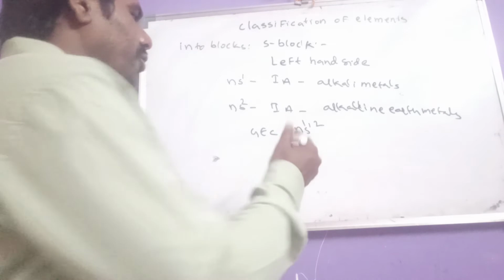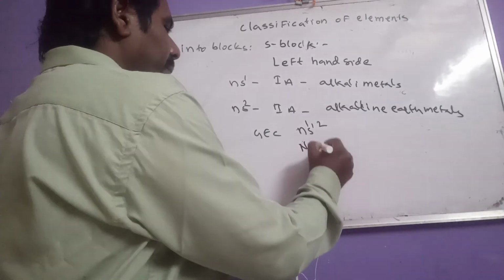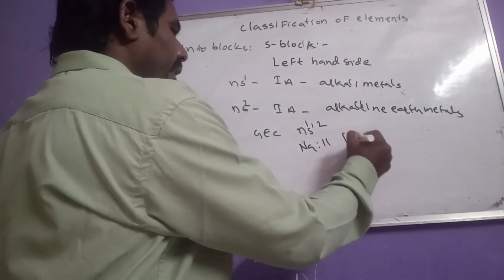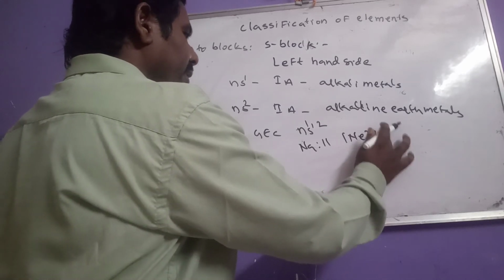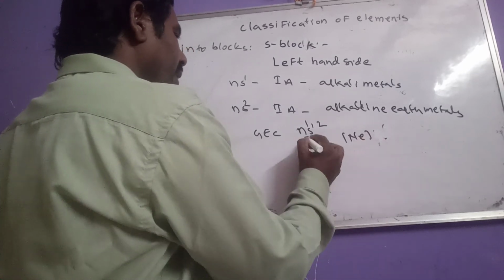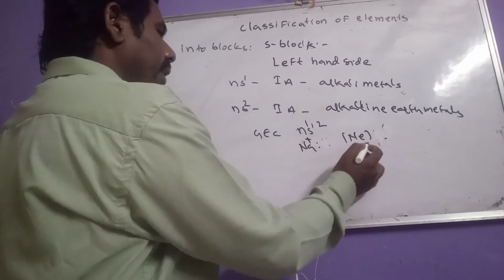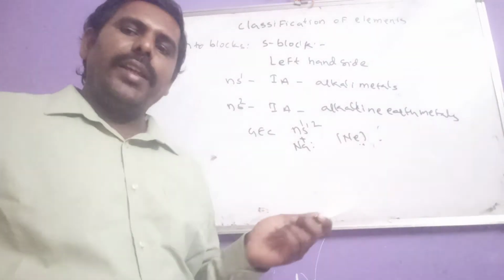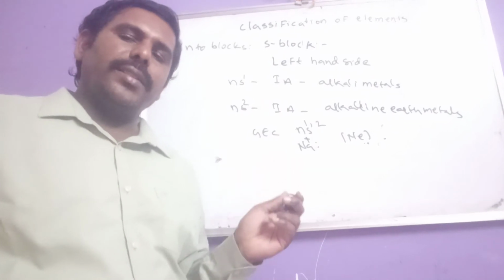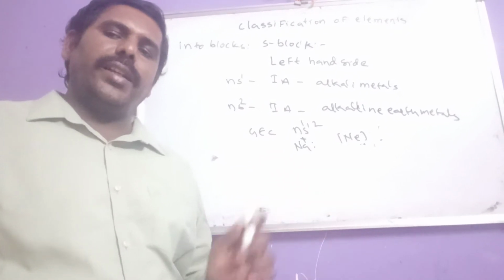For example, sodium, atomic number 11, configuration neon 3s1. By losing this 3s1 electron, sodium gets into neon configuration. Like that, by losing electrons, they act as strong reducing agents.